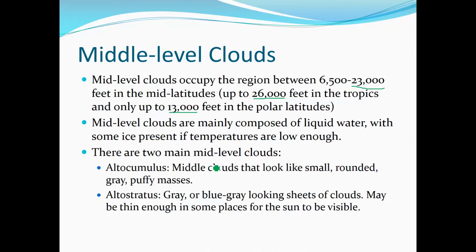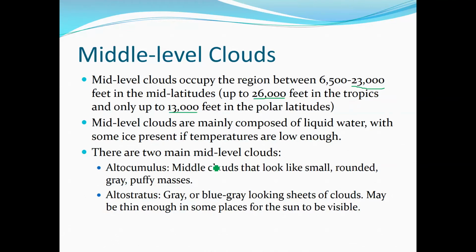And here is where alto clouds form. And these clouds are affixed with the prefix alto. And there are two types, altocumulus and altostratus. Altocumulus clouds are mid-clouds with really small puffs. They're individually visible, but they're small.